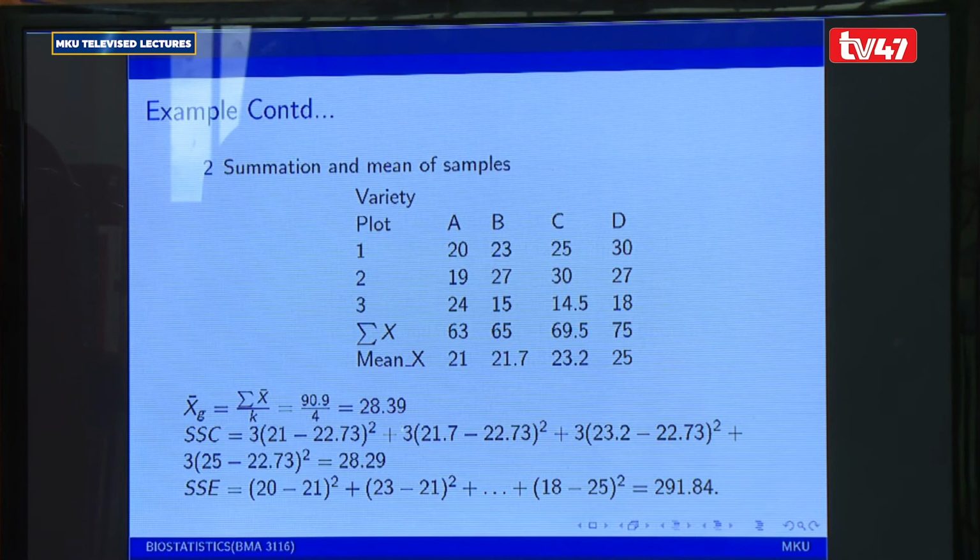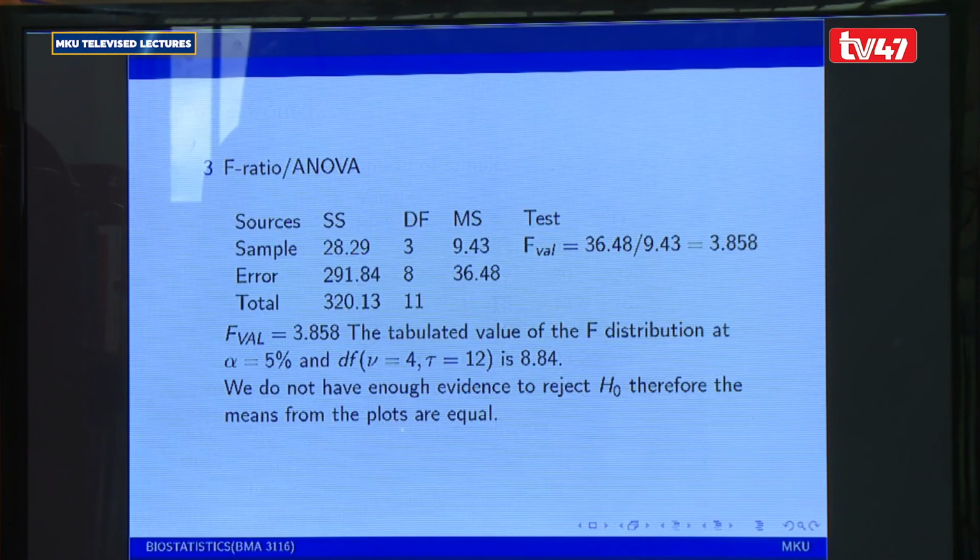So that makes 12. The total number of samples were 4: A, B, C, D. So when you go to this table, the degrees of freedom due to error is 12 minus 4, which is 8. And then the degrees of freedom due to total is the total number of observations, 12 minus 1, which is 11. Then we need to get the mean squares due to each of the sources.